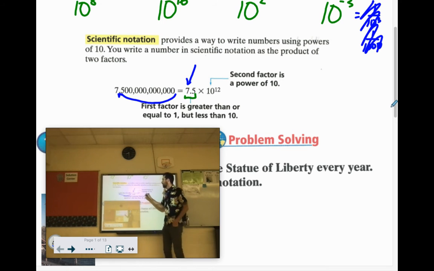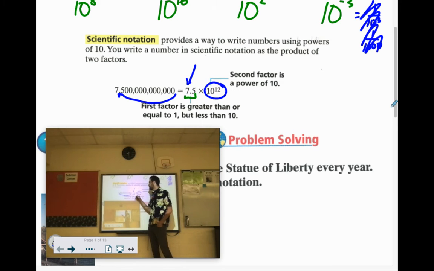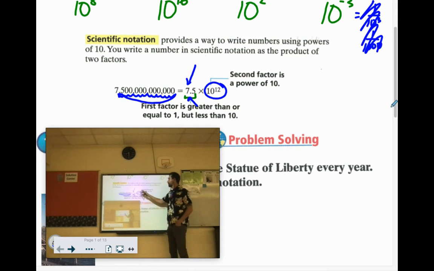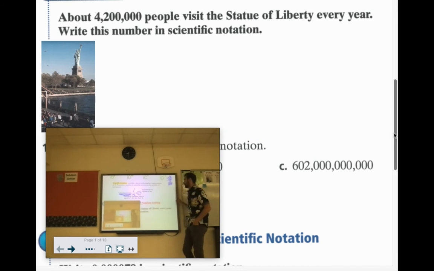Then the exponent on the 10 is how many decimal places you have to shimmy from where it is to where it would be in scientific notation. So it would be 1, 2, 3, 4, 5, 6, 7, 8, 9, 10, 11, 12. So it shifted the decimal 12 places. So that's how you get that exponent of 10 to the 12th power.